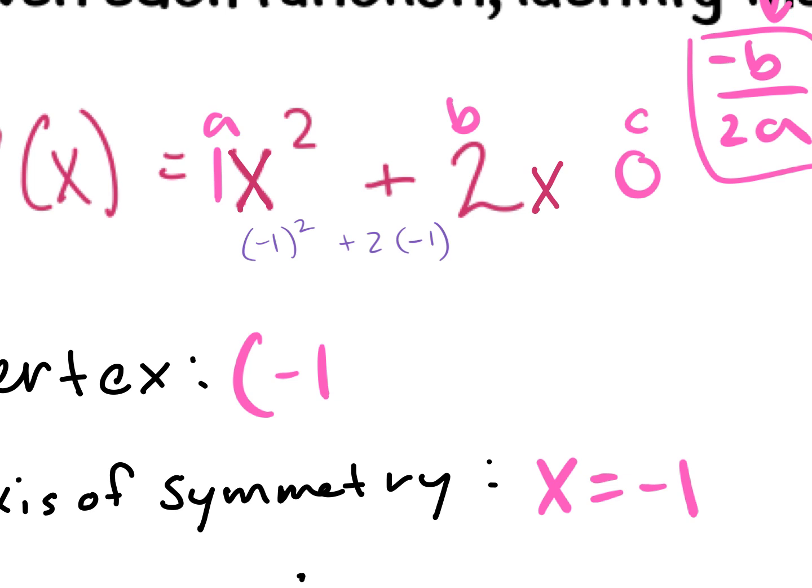Negative 1 squared would be positive 1, and 2 times negative 1 is negative 2. Andrew, 1 minus 2 is? Negative 1. Good job. So the second number in my vertex is negative 1.